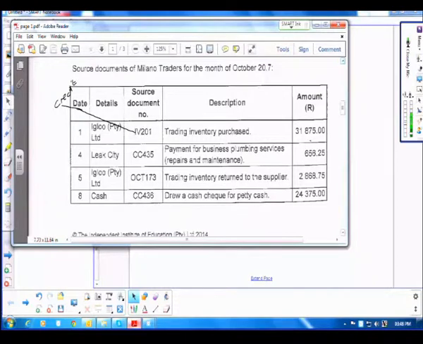We go to the second category, and in the second category we're dealing with transactions involving trading on credit. So invoice is telling us we are dealing with credit. And we know we have two subsidiary journals in the credit category. It's debtors journal and it's creditors journal.